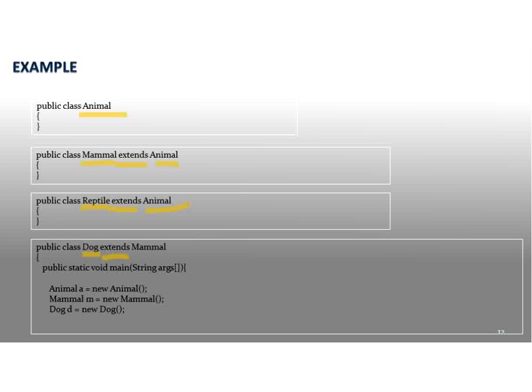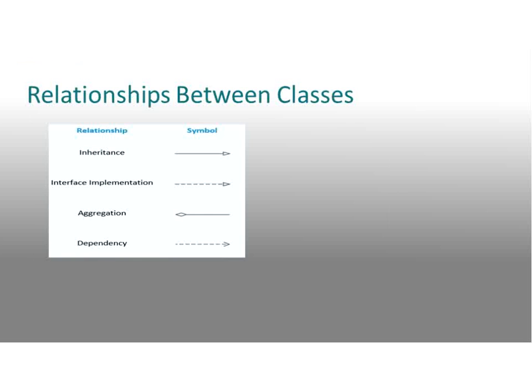These child classes inherit the properties of their parent class. We have to use the keyword extends and then the name of the parent class. For mammal and reptile, the parent class is animal, and for dog, the parent class is mammal. In this way, you can extend and inherit the methods and behavior of a parent class.